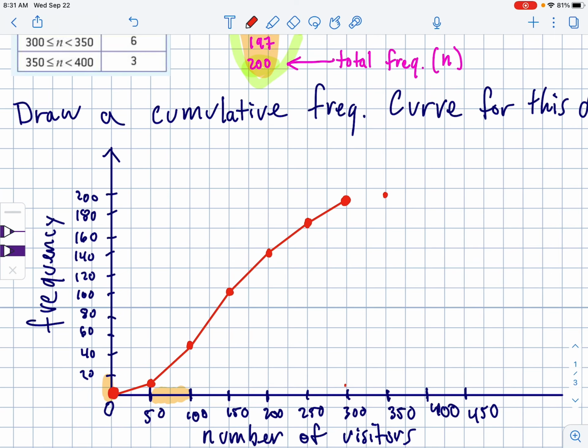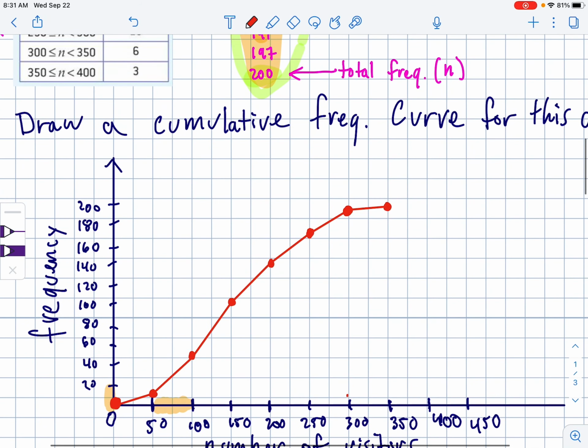So at 350, 197 is maybe right about here. And the last one, of course, is 200, the total frequency. So that's barely a jump up right there. All right, so this is the cumulative frequency curve for this data.